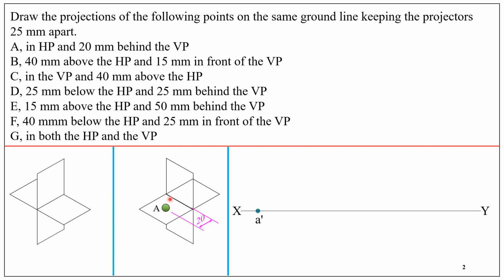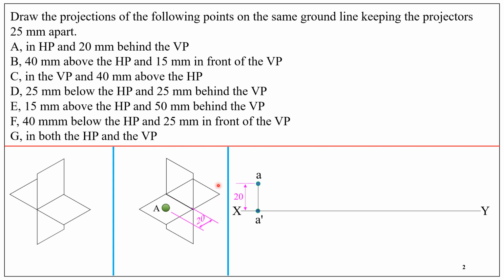And the top view will be above XY line because the object is positioned behind VP. Therefore, from A dash, draw the vertical projector and mark point A, the top view. The distance between the XY line and A is equal to 20 millimeters, which is nothing but the distance behind VP.